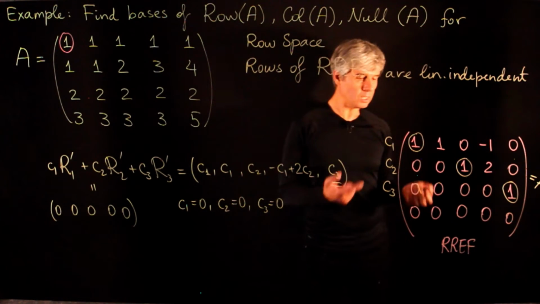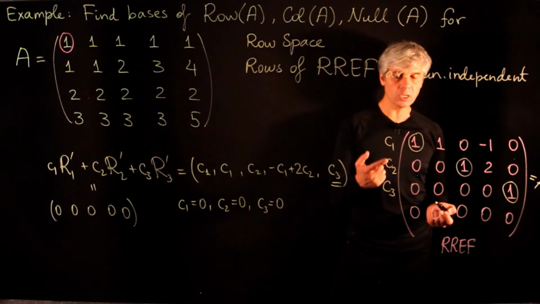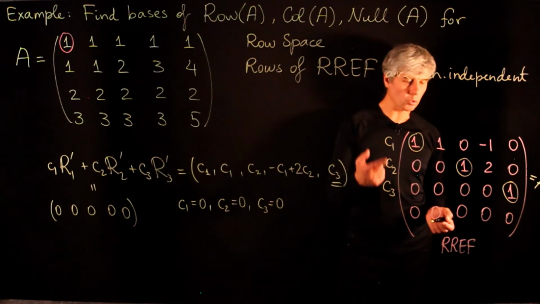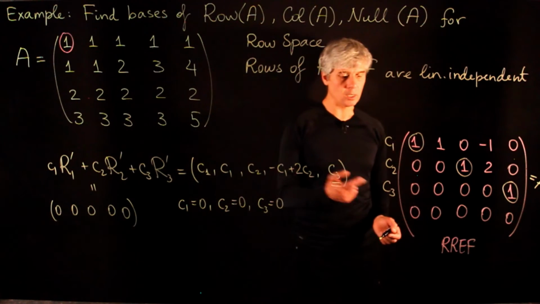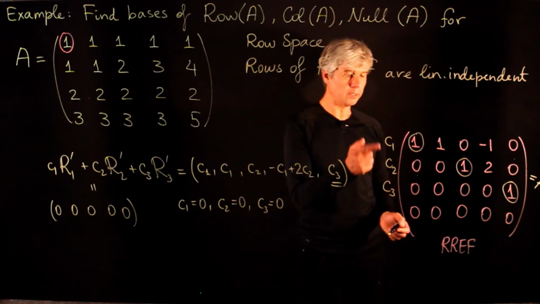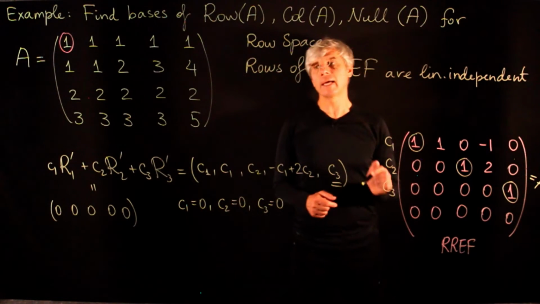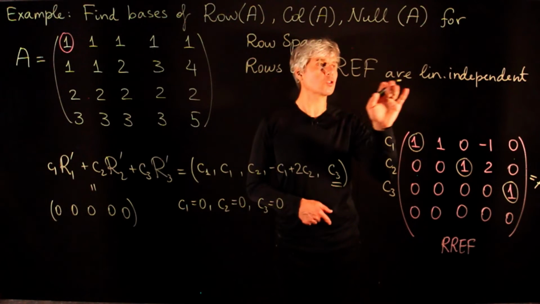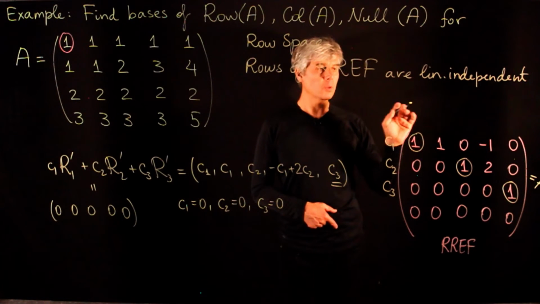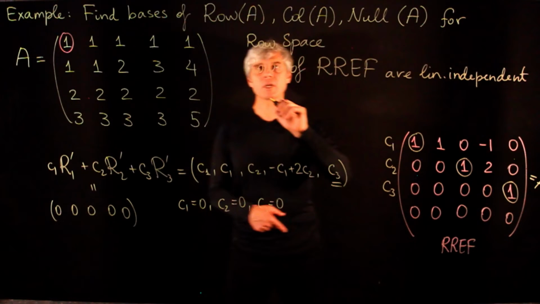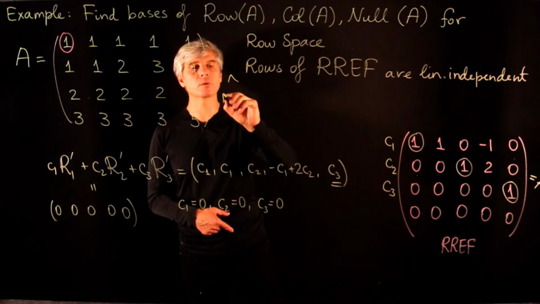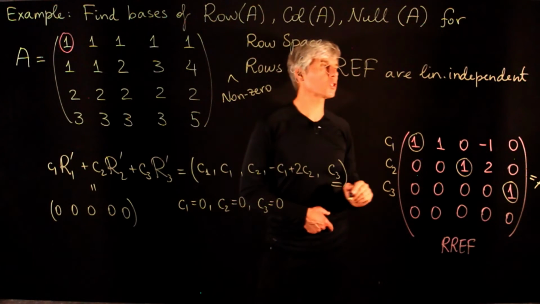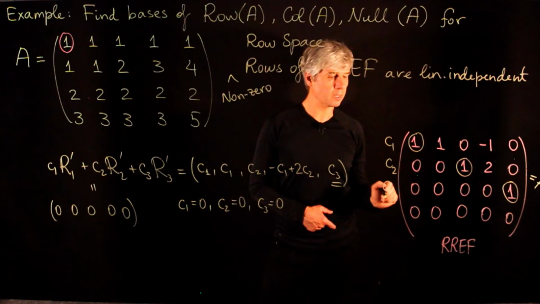And so the only linear combination of these rows of the reduced row echelon form that is equal to the 0 row is when all coefficients are equal to 0. So this is a general principle: for any reduced row echelon form, the non-zero rows are always linearly independent.